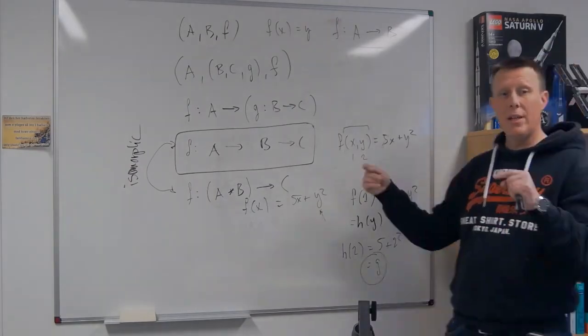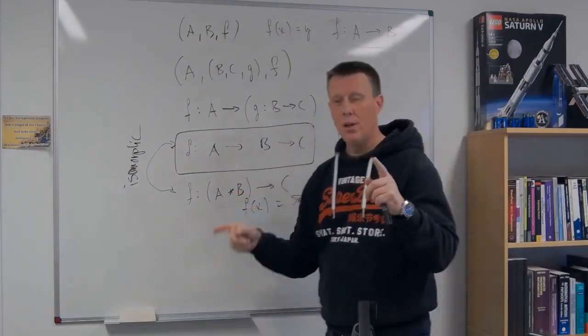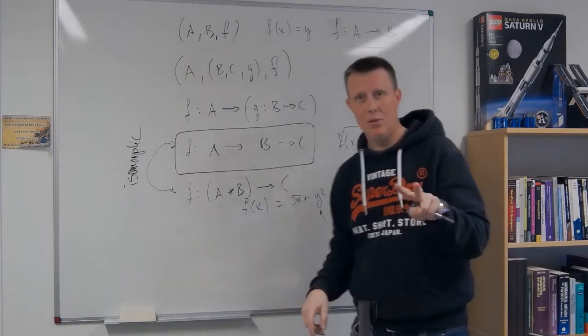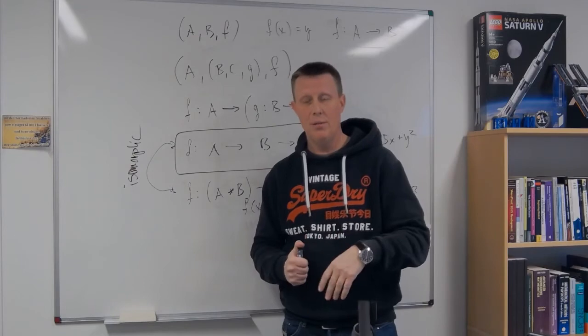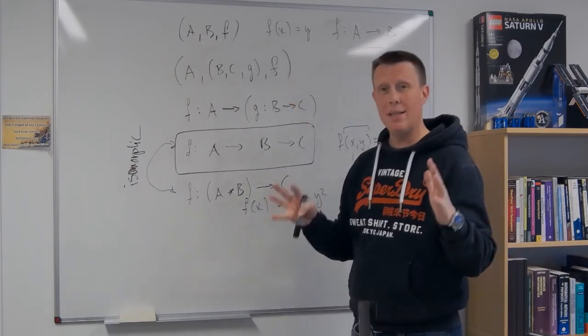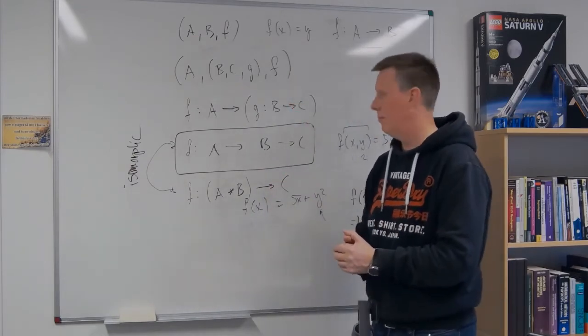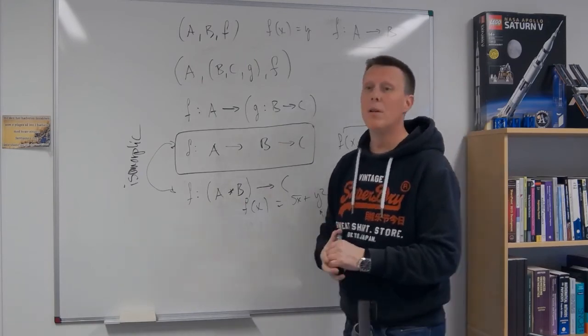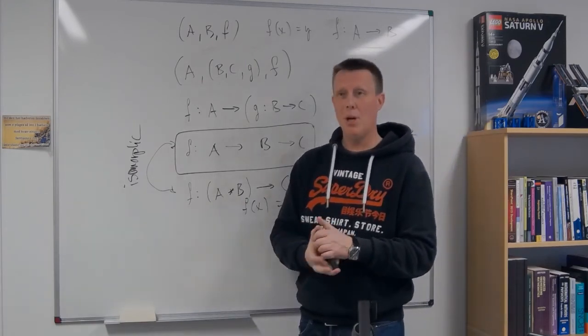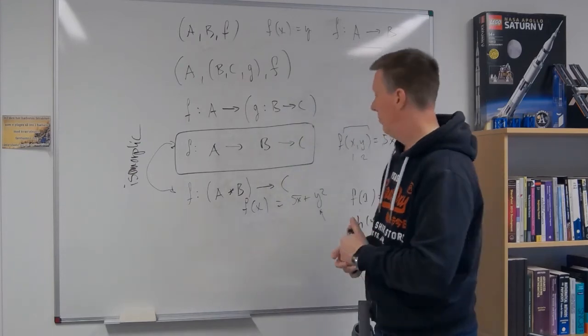So there is actually no difference between a function of a pair of values and a function returning a function returning the value. They are exactly the same. And they all reduce to table lookup on table lookup on table lookup in the end.